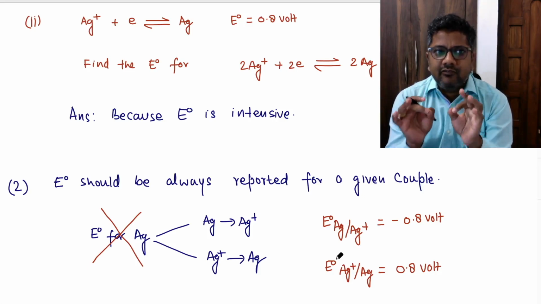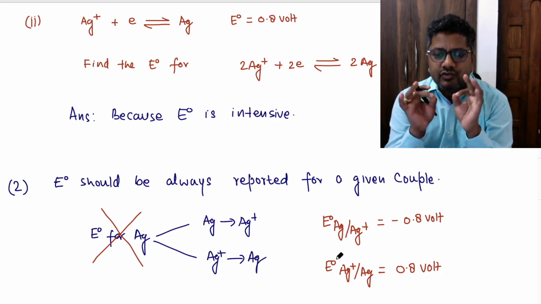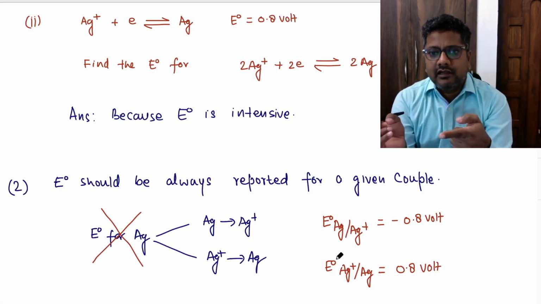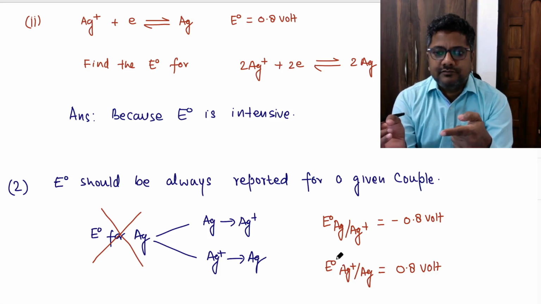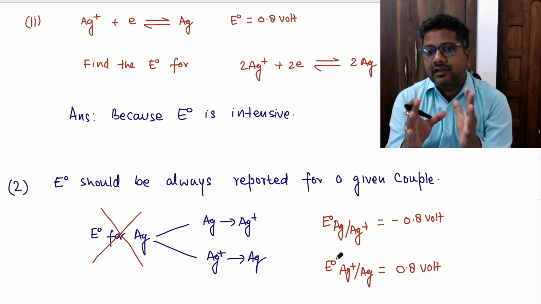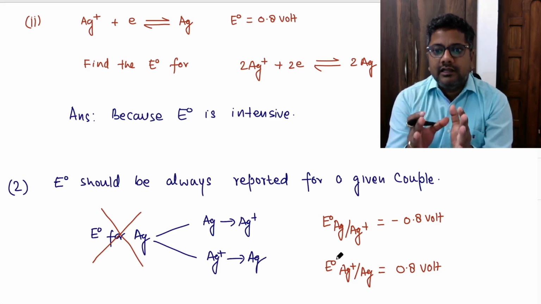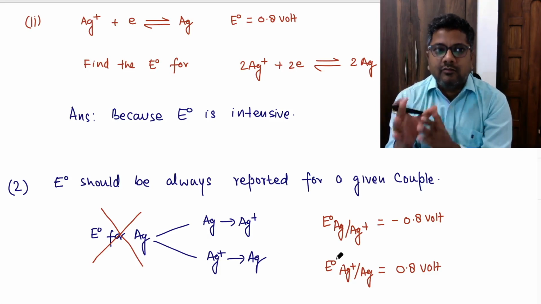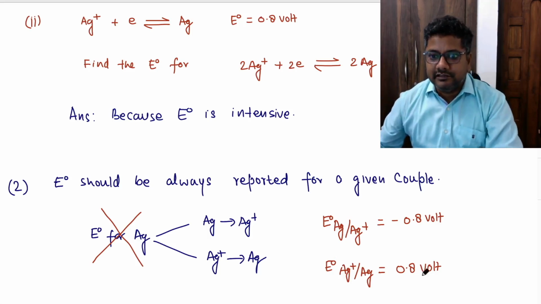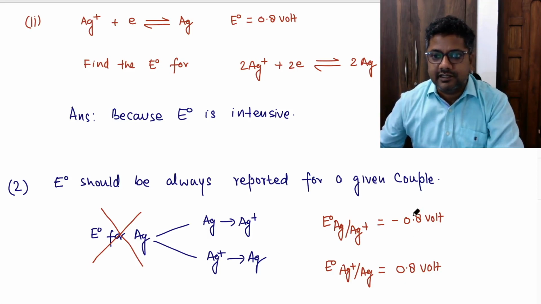So every time, you should clearly mention what is converting into what. Means you have to express E naught value categorically for a particular couple, because there is a huge difference in this representation. Don't say the value is same.